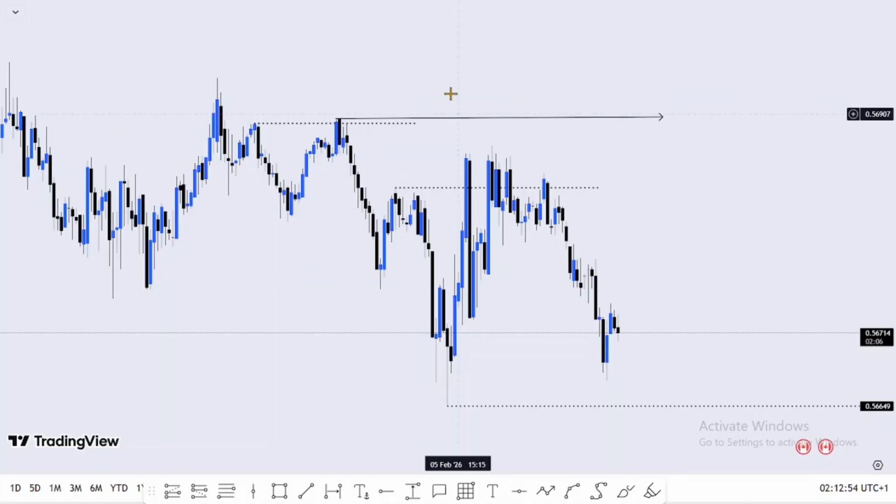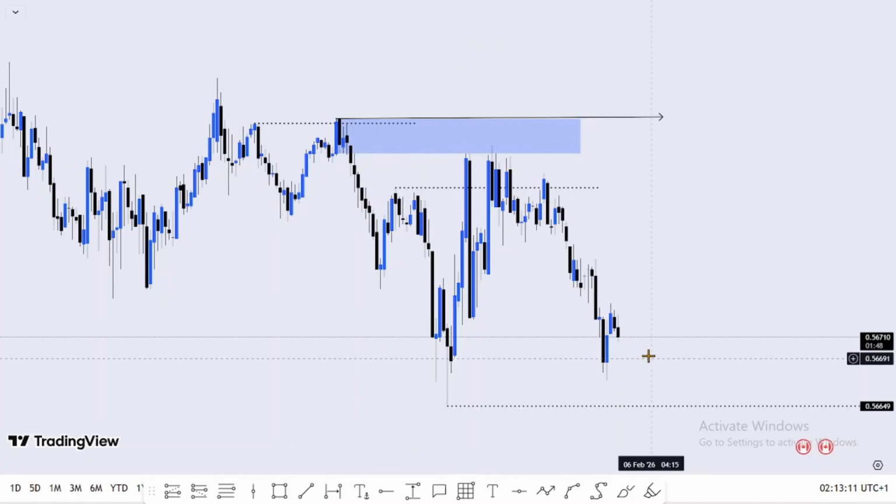So when I saw this, just before this formed, I took this trade at this order block. It's not a miss setup. So when I saw this thing, I took my trade there, expecting price to take out this transactional liquidity, continue to take out this structural liquidity, and continue to the transactional liquidity.